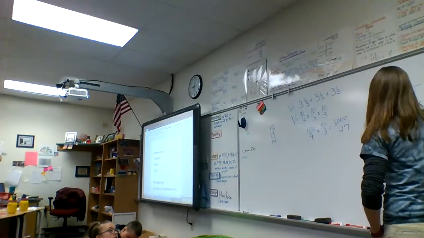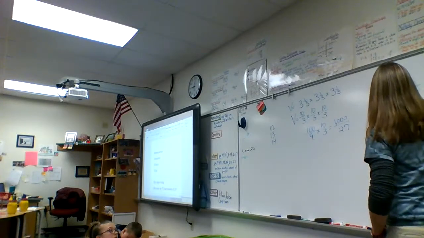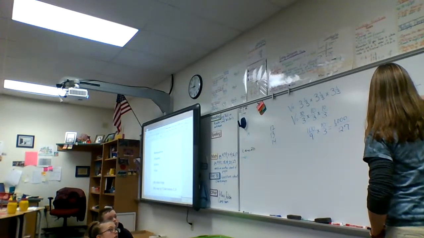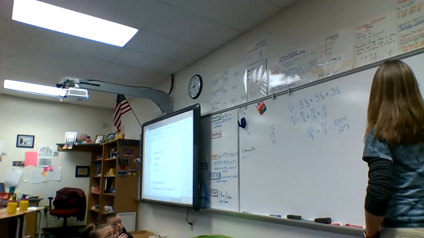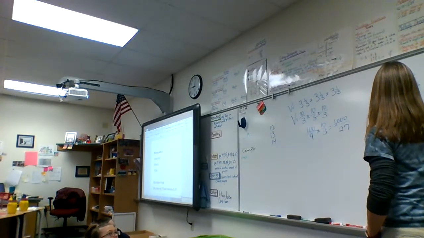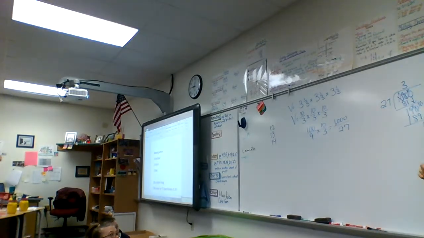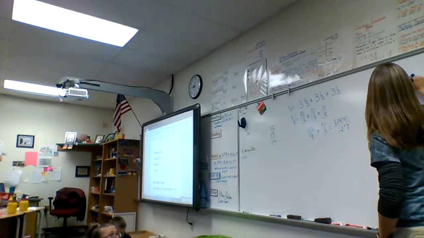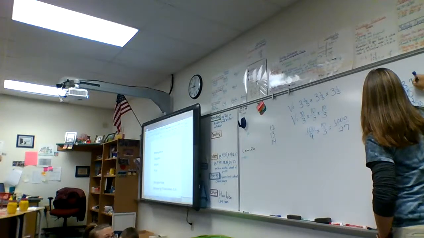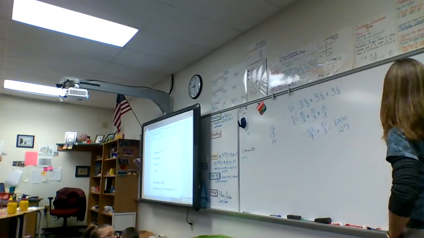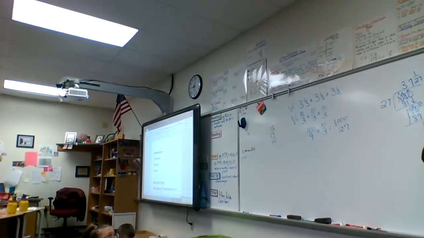Oh, you changed it. Yes, I changed it. Gosh, I got 169, so your multiplication was off. So then when I subtract, I get 1 less. 3 and 1, 27. 21. Okay. Does that make sense?